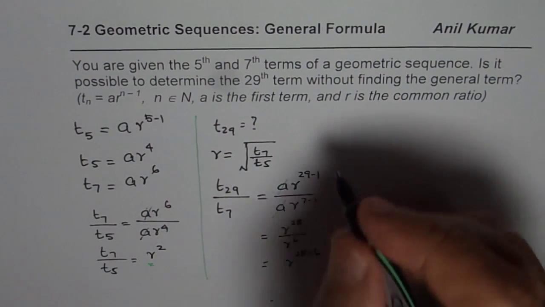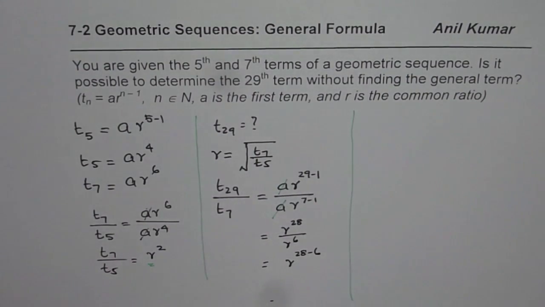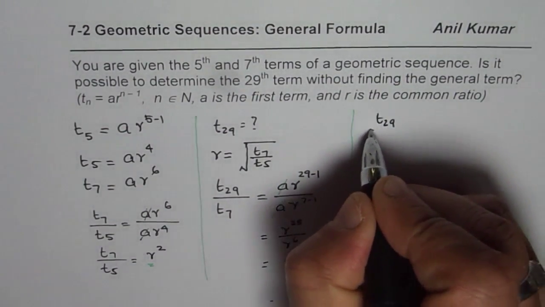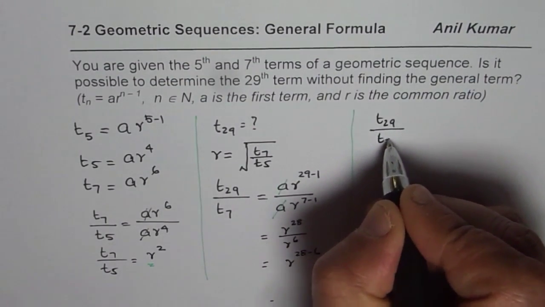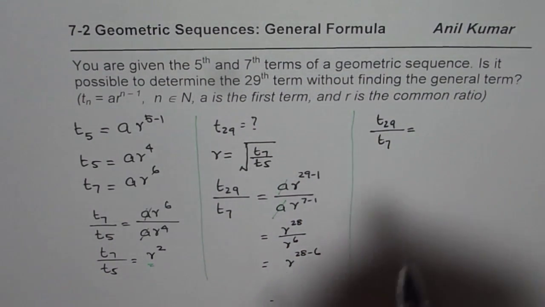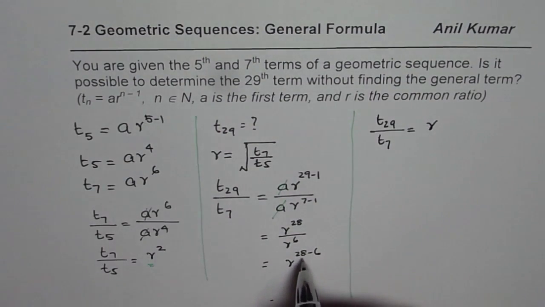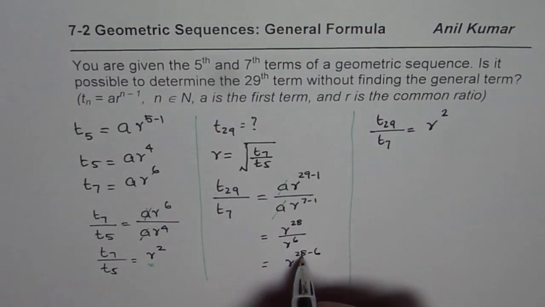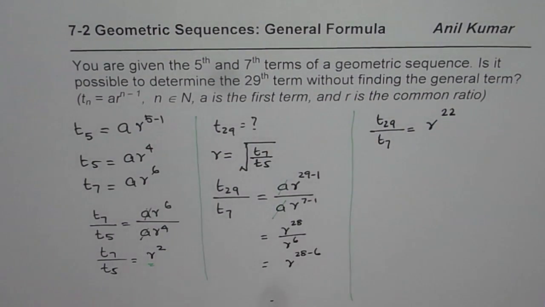So we'll rewrite this. I'm going in small steps so that things are very clear to you. So T29 over T7 can be written as r to the power of 28 minus 6, which is r to the power of 22.